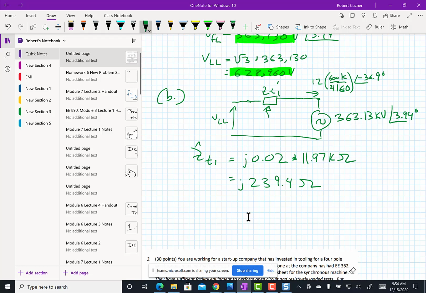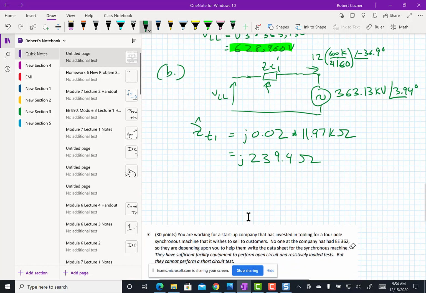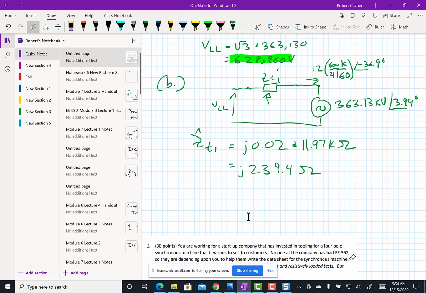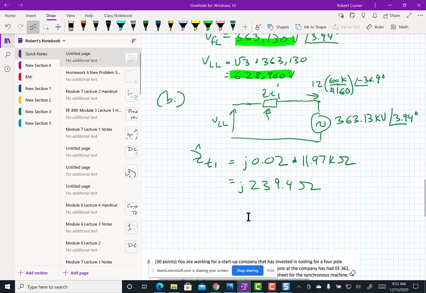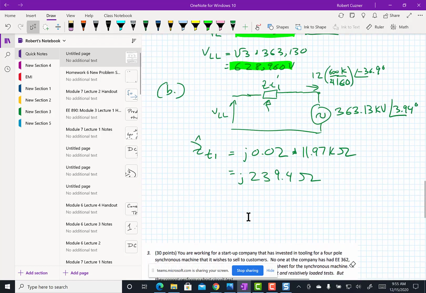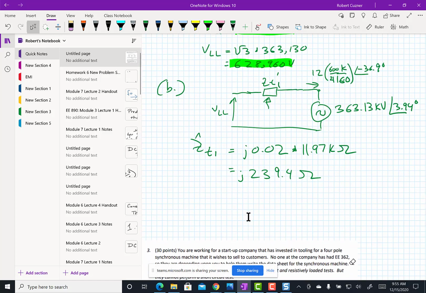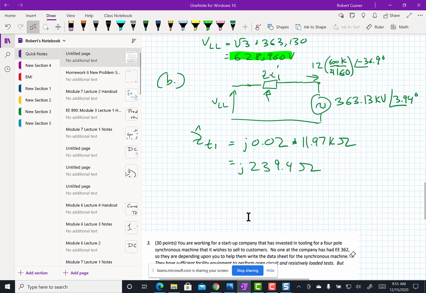Now what I'd have to do is the base conversion, I could do a turns ratio conversion. That's one way to do it. And I'm not 100% certain, just thinking myself, right?